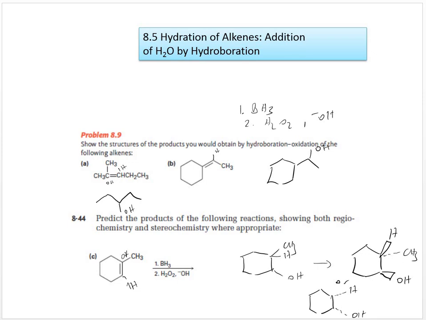This one, okay. So H and OH are added to the same side, right? Dash dash. There was a methyl here. Let me draw this. CH3 is here. Okay, either you draw this one or that one, it's going to be correct.